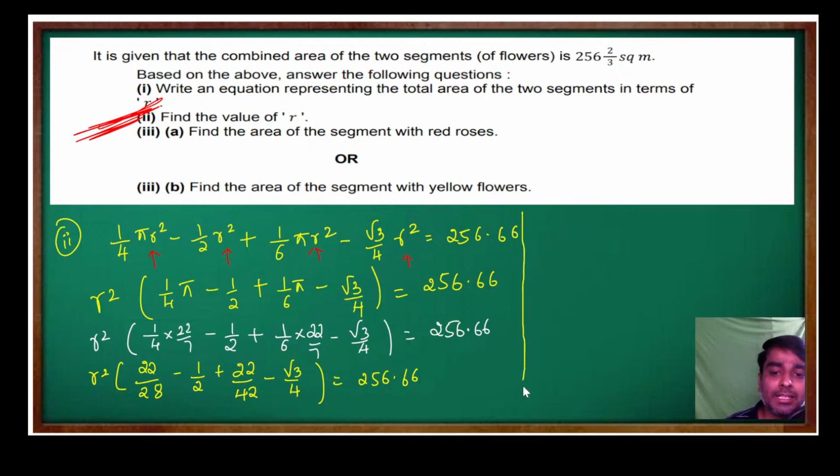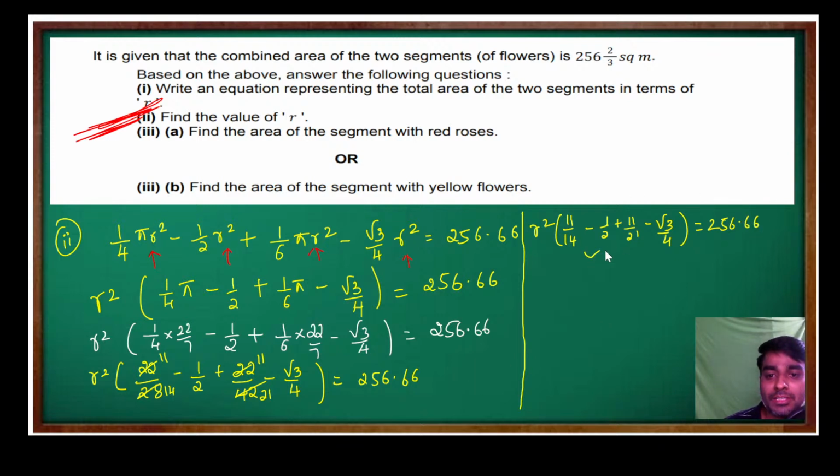Then finally r square, if you cancel this, 2 14s are 28, 2 11s are 22, and here you can cancel 2 21s are 42, 2 11s are 22. So 11 by 14 minus half plus 11 by 21 minus root 3 by 4 equal to 256.66.